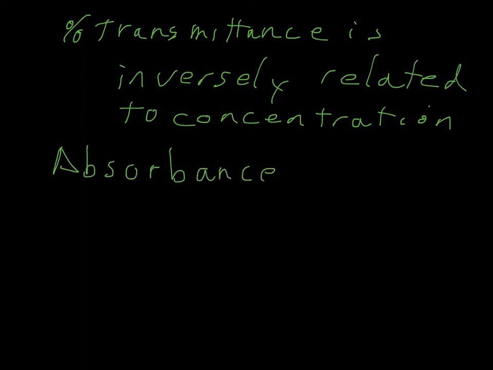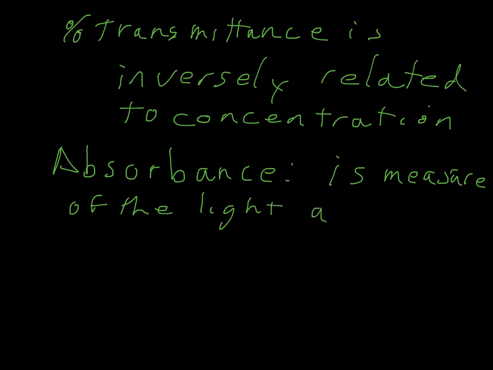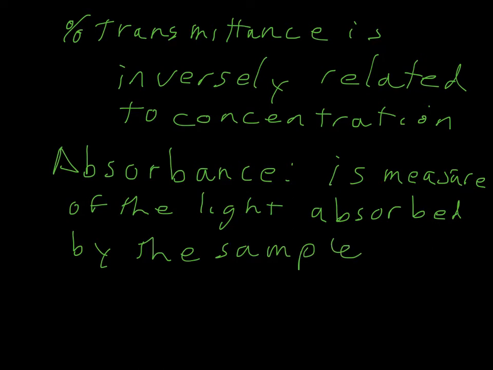Absorbance is a measure of the light absorbed by the sample. With percent transmittance, we are looking at the amount of light that passed through the sample.